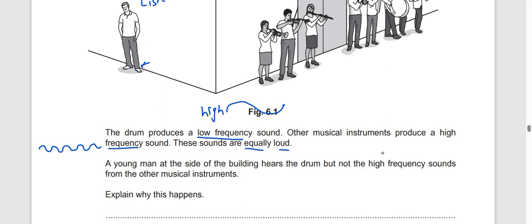So if I make the sound over here, the sound coming out from the trumpet will be like this, low wavelength.